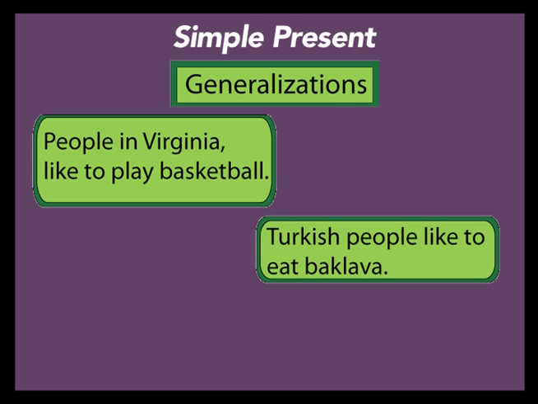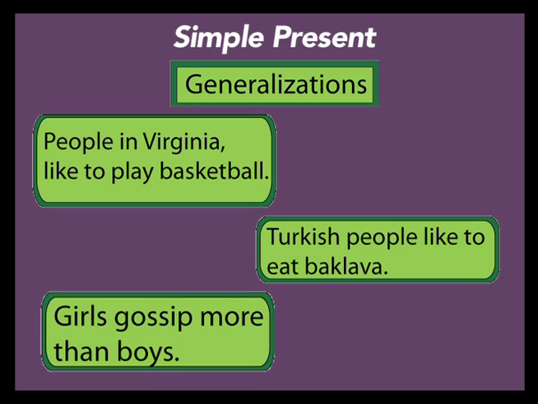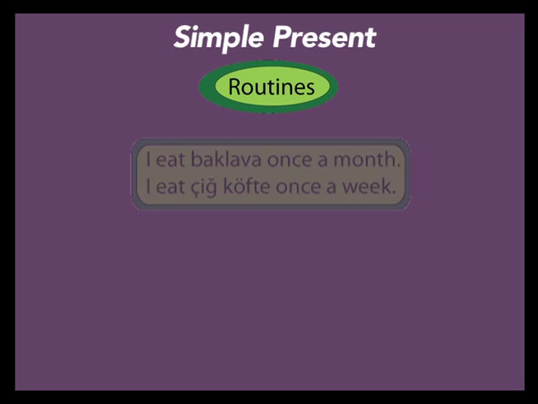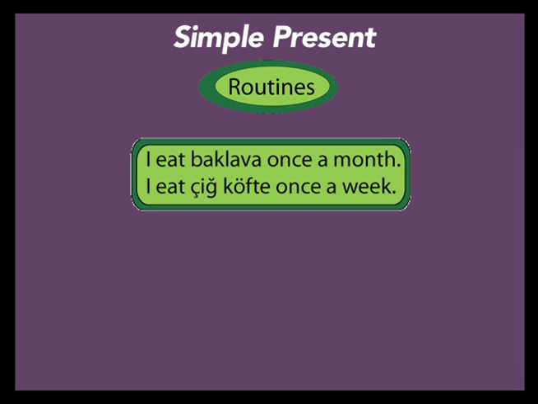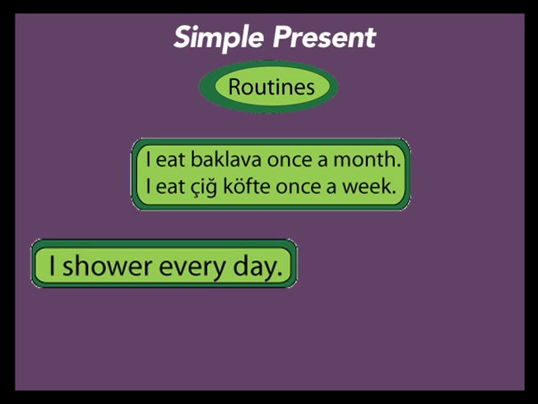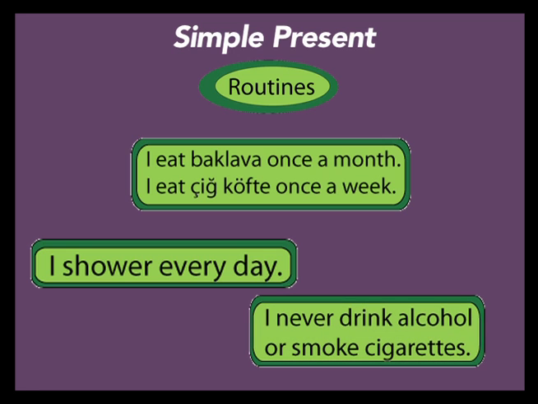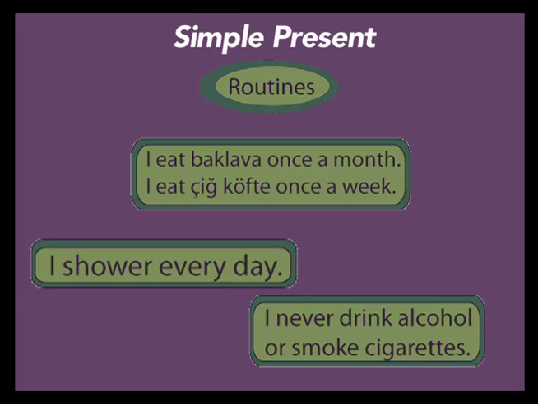Turkish people like to eat baklava. Girls gossip more than boys. And lastly, here are some routines. I eat baklava once a month. I eat çiğ once a week. I shower every day. I never drink alcohol or smoke cigarettes.